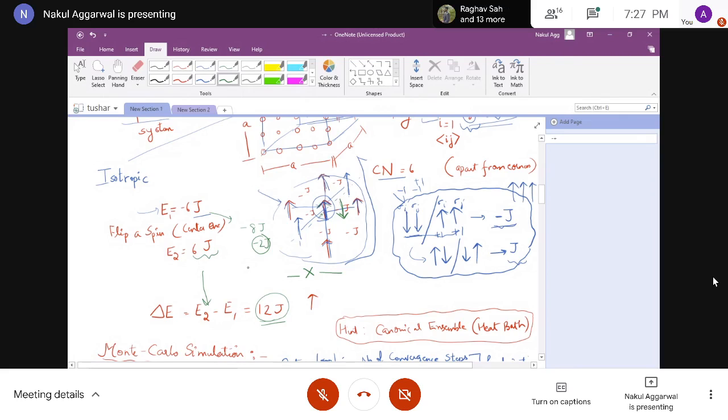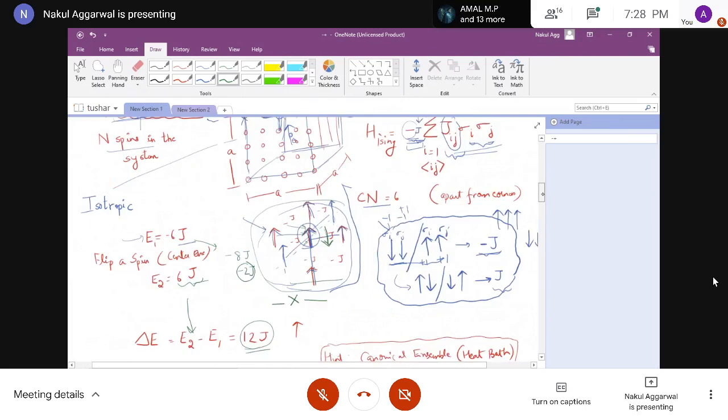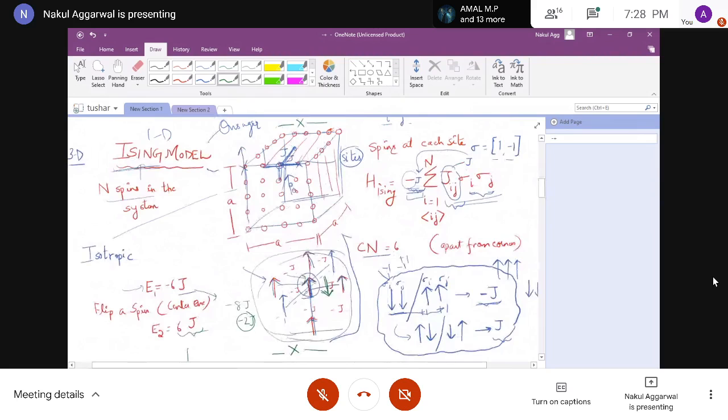These are called bad states because they are increasing the energy of the system, but we cannot reject those states, because remember, whatever changes we make here are going to affect the entire system. Once we flip this and we say the total energy has increased, so we do not flip this spin, there could have been a case where flipping this spin and flipping another spin somewhere actually led to an overall decrease in energy.